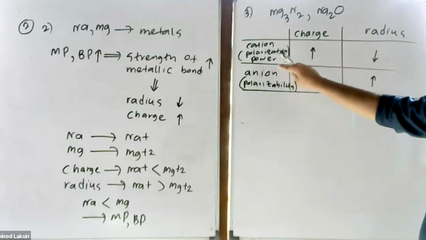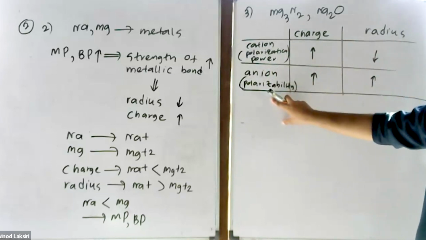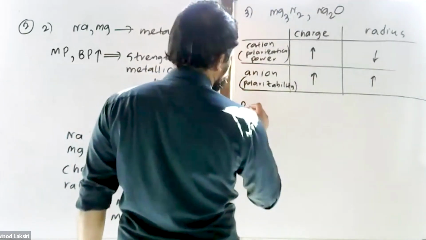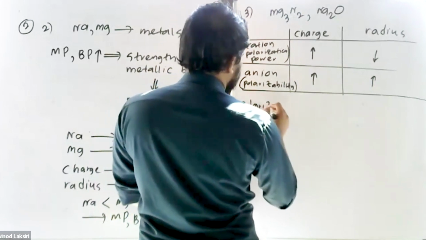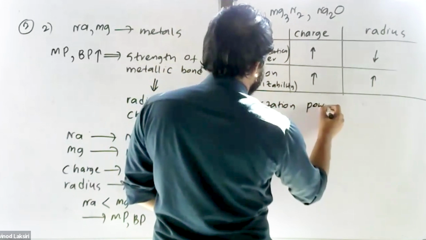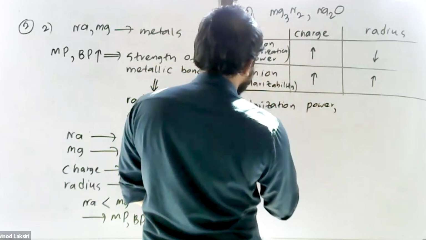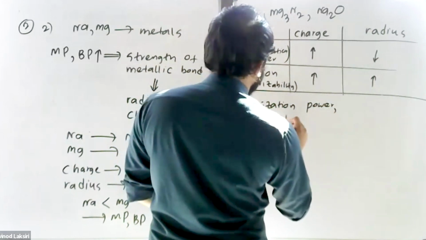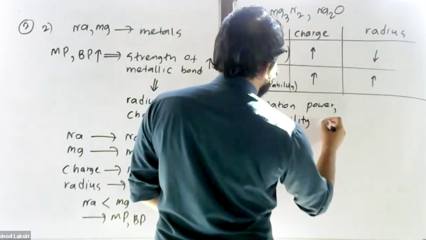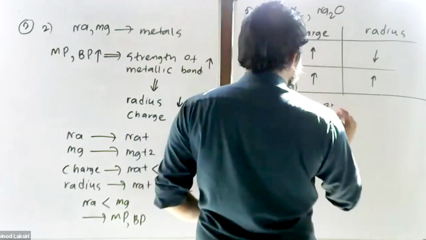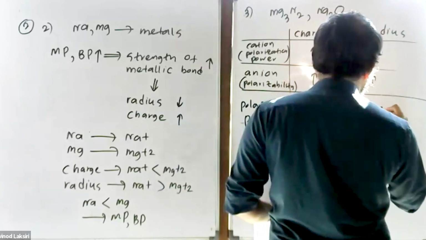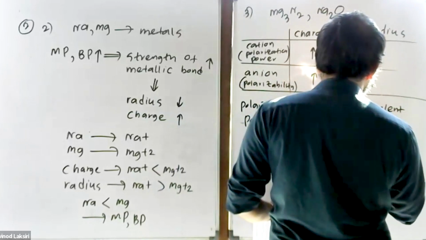So with increasing polarization power and polarizability, what happens? Covalent nature increases, right? With increasing polarization power and polarizability, covalent nature increases.